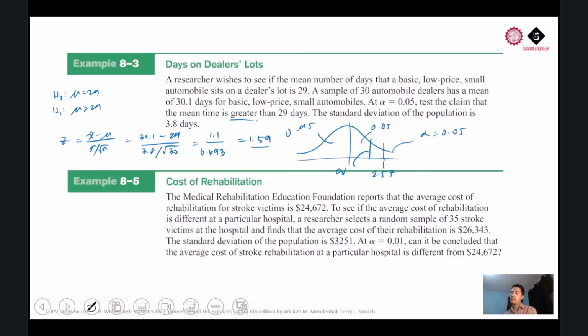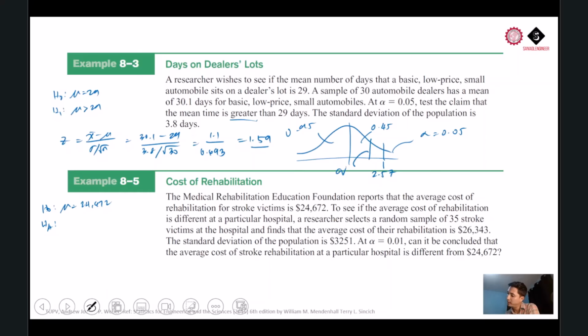So we have to find out. First, what are the hypotheses? So the null hypothesis is that the mean is 24,672. And the alternative, the researcher's hypothesis, is different.